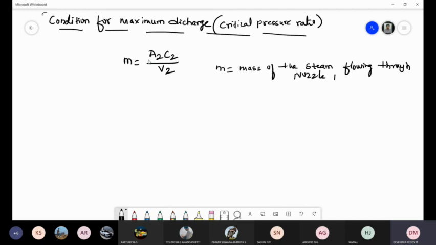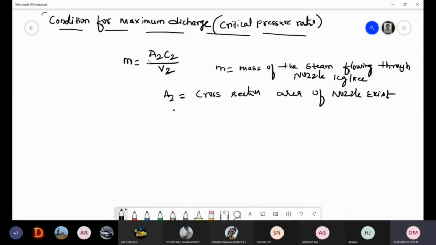What is the unit for mass? Kg per second. What is A2 here? Nozzle exit cross sectional area, sir. Cross sectional area of nozzle exit. And what is C2? Velocity at exit.